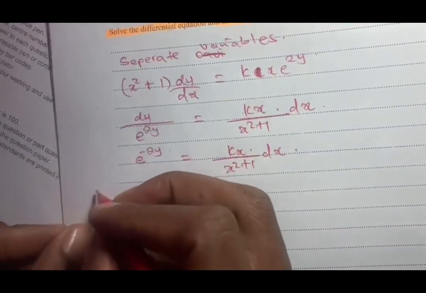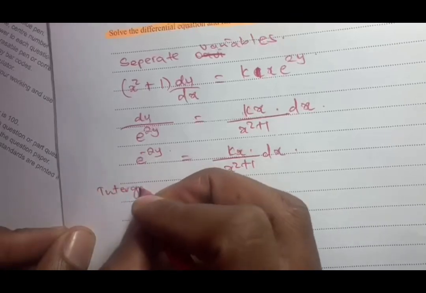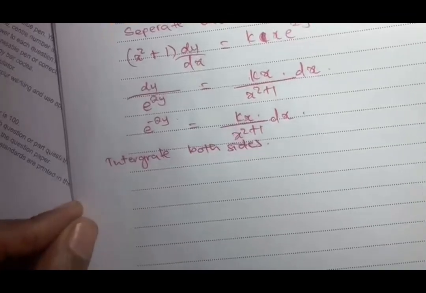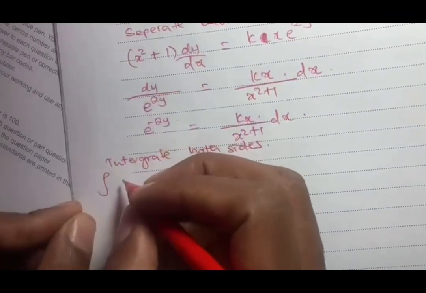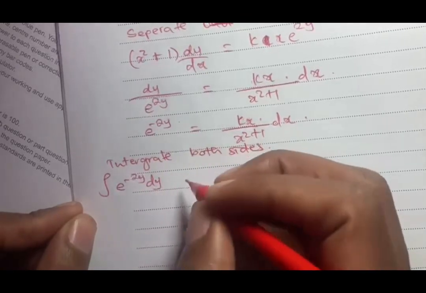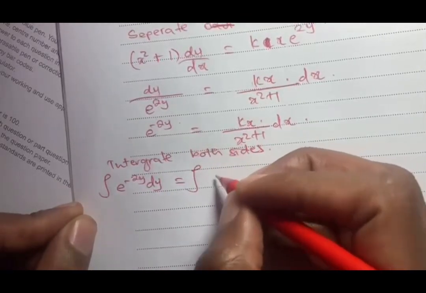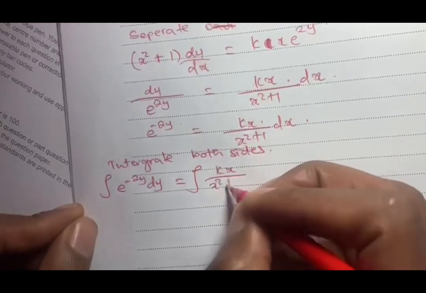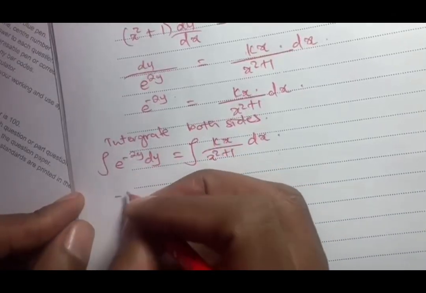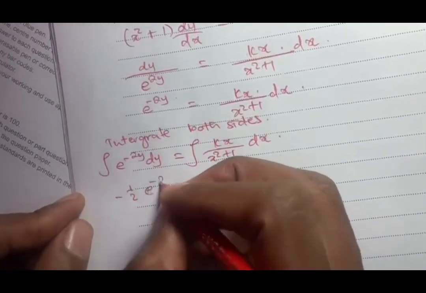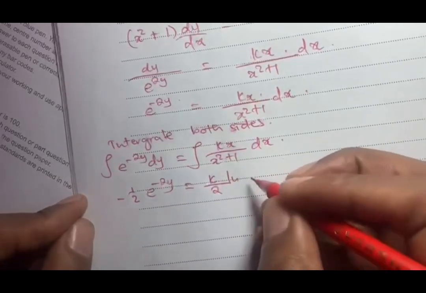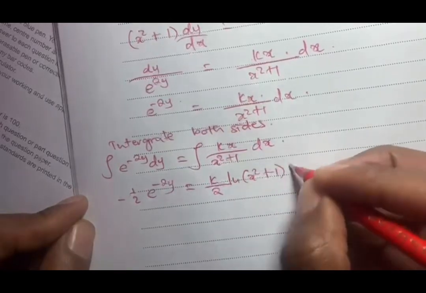Then I can integrate both sides. To integrate both sides, I'll say the integral of e to the power of minus 2y dy is equivalent to the integral of kx over x squared plus 1 dx. After integration, I get minus half e to the power of minus 2y equals k over 2 ln(x squared plus 1) plus a constant.